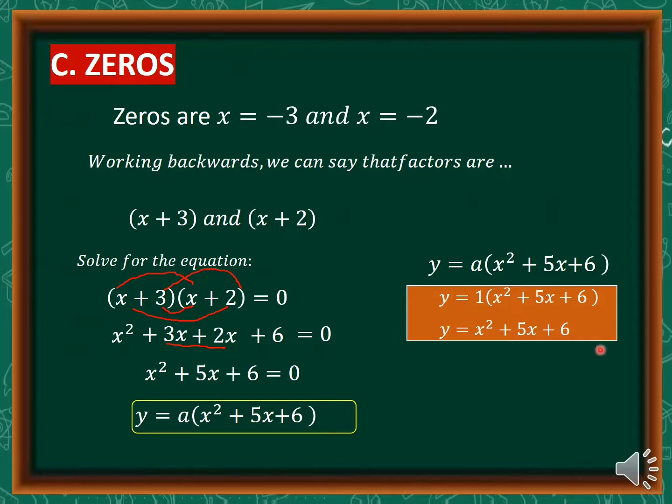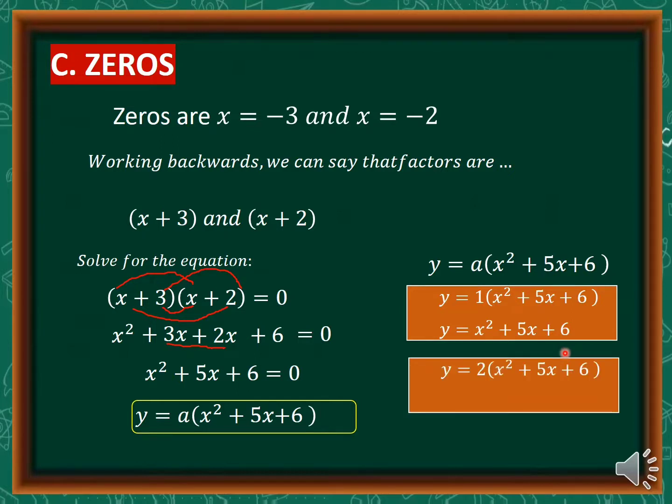So, pwede po tayong gawin natin ang quadratic function is equal to x squared plus 5x plus 6. Or, kapag naman ang gusto nyo ay ang value ng a is 2, therefore, 2 times x squared, we have 2x squared, 2 times positive 5x is positive 10x, and 2 times positive 6 is positive 12. So, ito yung another equation, okay?